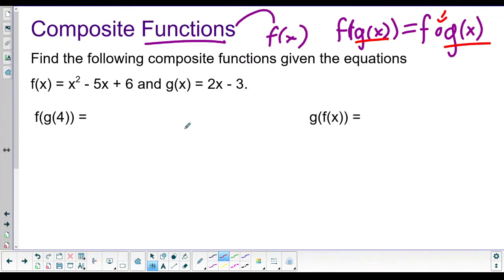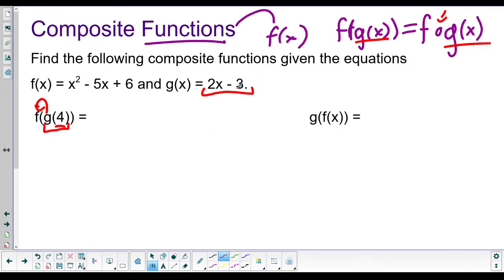So we've got two different types of examples here. Let's go through them. If we want to find f of g of 4, what's important here is that they told us the number to plug in. There are two different ways we could do this, but we're going to do it the easier way. One way is to take the whole g function and plug it into all the x's in the f function.